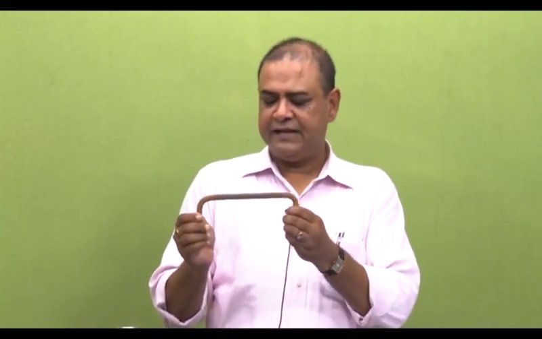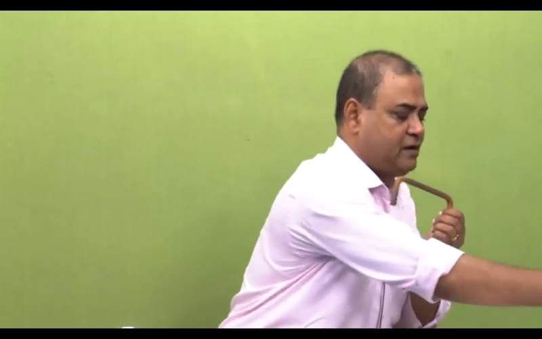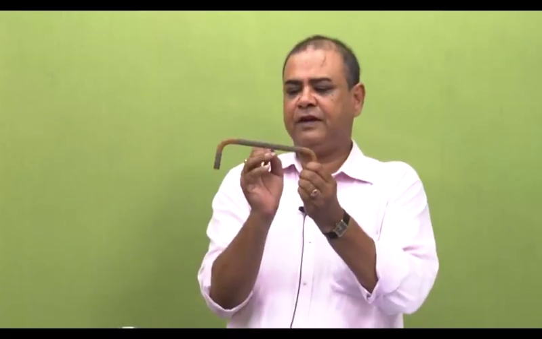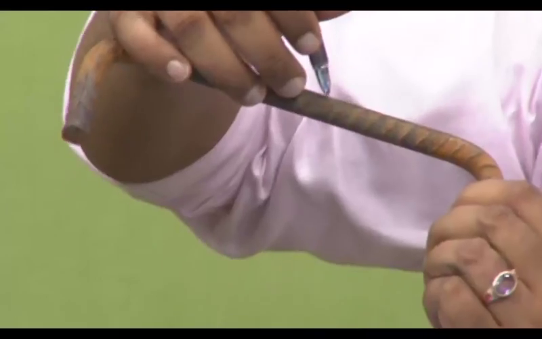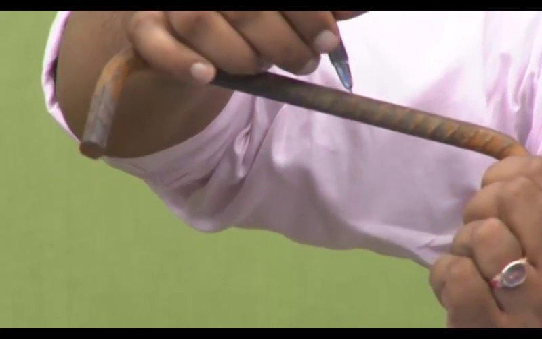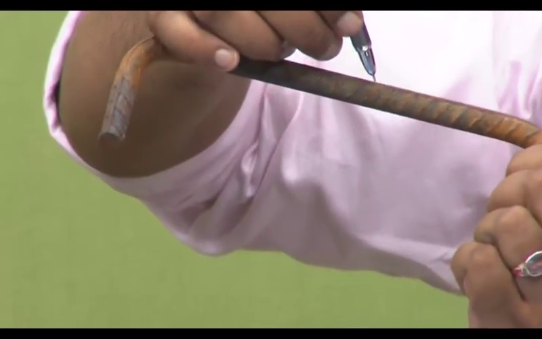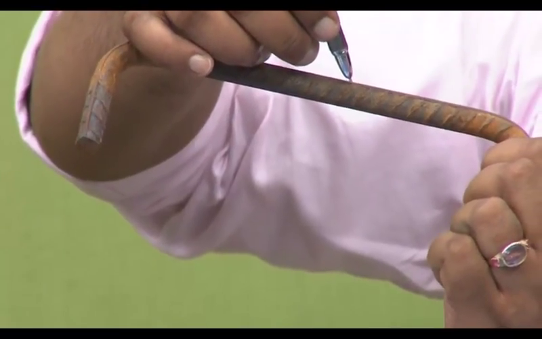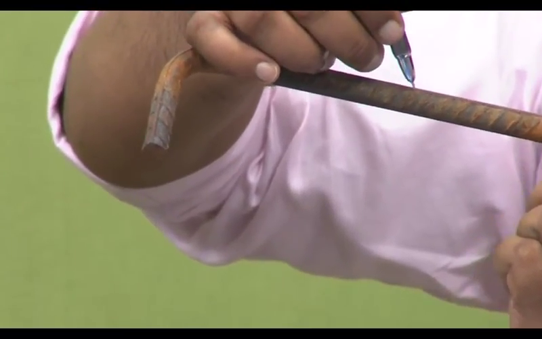Now, if we concentrate on this particular section, if I see the root of this particular rib, I am talking about the root of the rib, you will see that the root of the rib has a bit more red rust compared to the other portion, the flat portion.